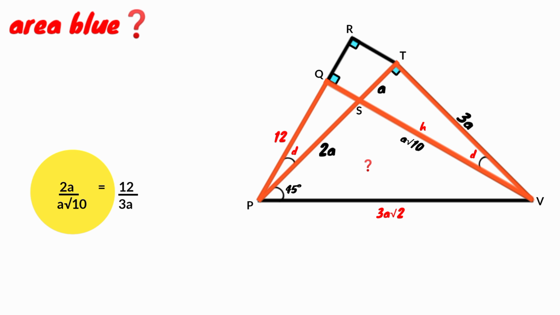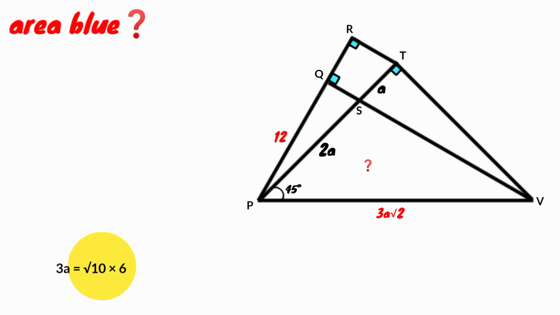Here a cancels a. So 2 over root 10 equal to 12 over 3a. This 12 divided by this 2 is 6. We cross multiply. 1 times 3a is 3a, while root 10 times 6 is 6 root 10. So 3a equal to 6 root 10. Divide both sides of the equation by 3.